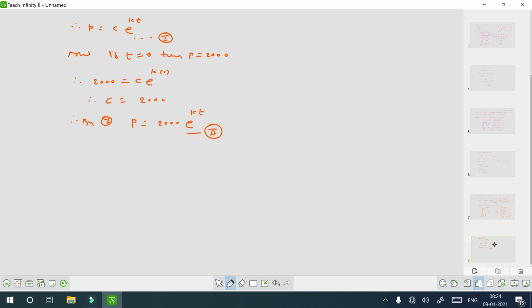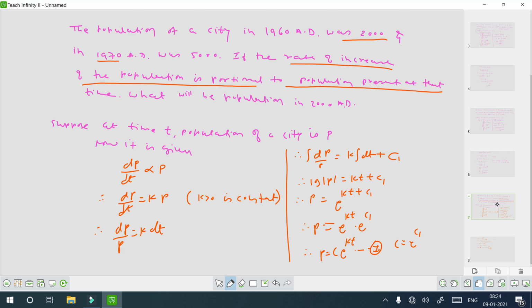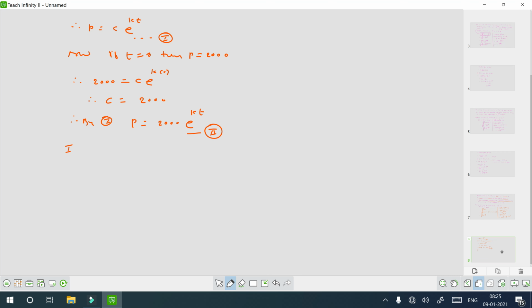Now, from 1960 to 1970, that means in a span of 10 years, it was 5000. If t is equal to 10, then P is equal to 5000. So 5000 is equal to 2000 e raised to 10k. So what we get? 5 by 2 is equal to e raised to 10k. And now I'm not simplifying, I'm putting it as it is.